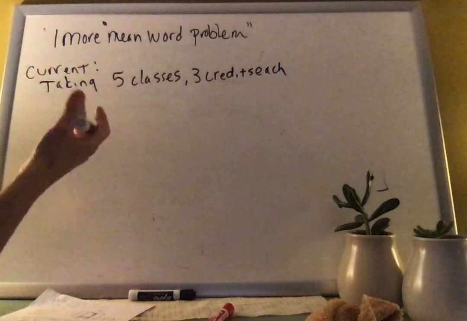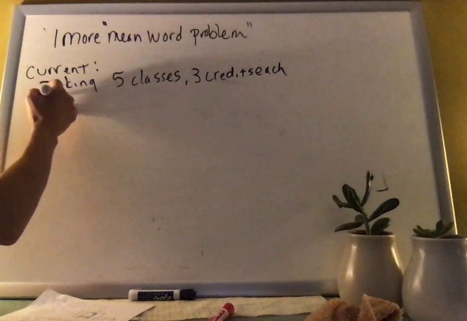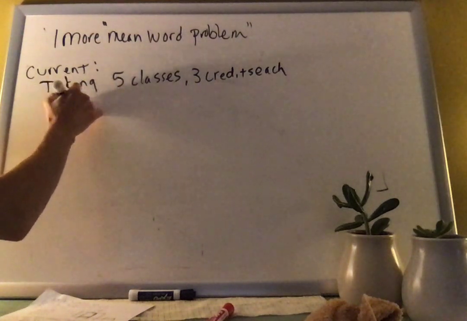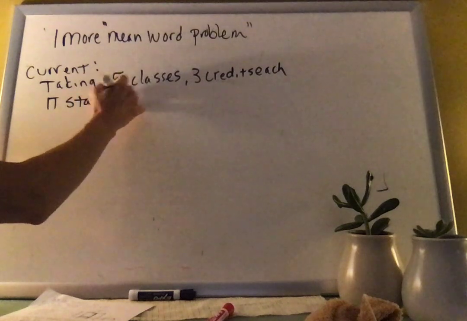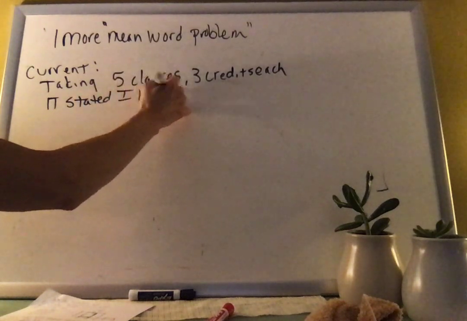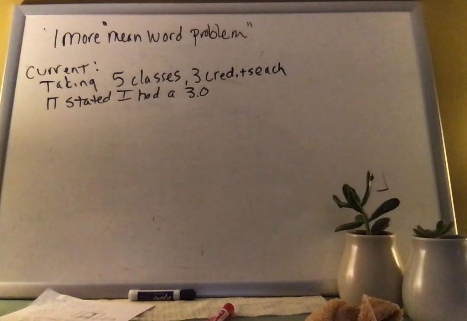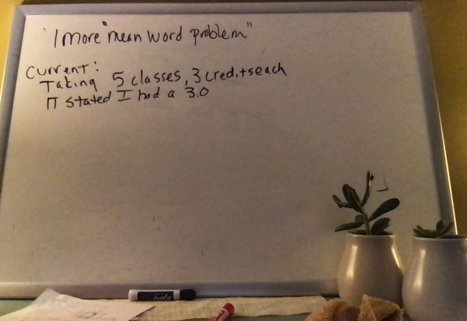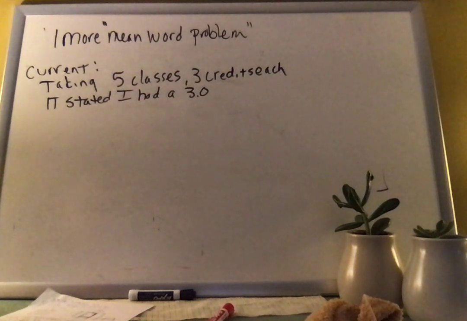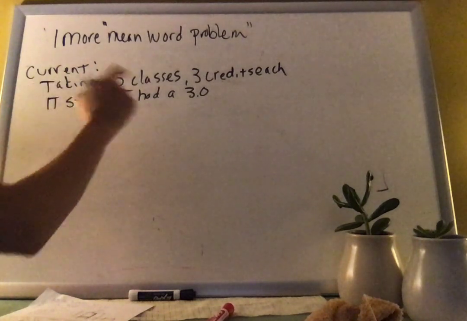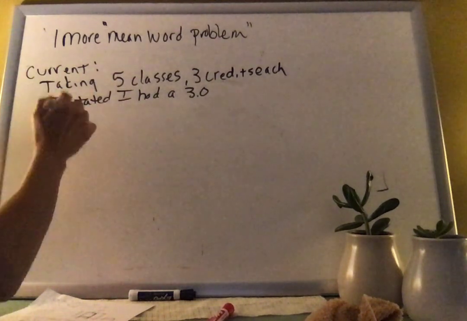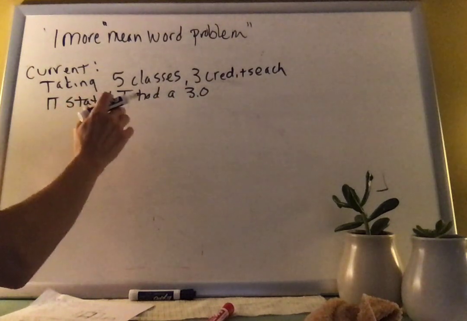At Christmas time, when my grades came in the mail, for that current semester, it said I had a 3.0. And I knew that was a little bit low. So then I looked at the individual grades and I realized 2 of my professors had given me the wrong grade. Okay. So when I read my grades, it stated I had a 3.0.